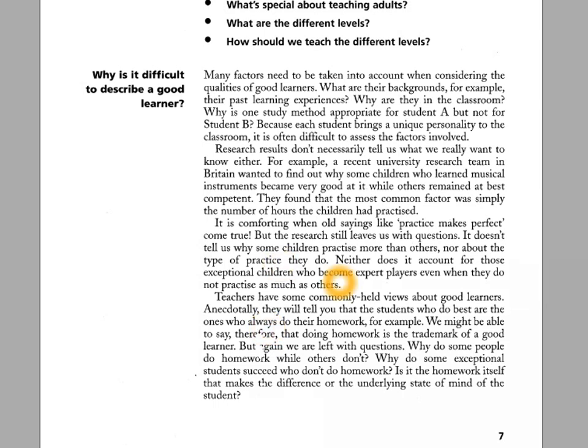And here teachers have some commonly held views about good learners, like what they will tell you: the students who do best are the ones who always do their homework. For example, let's say that I'm teaching a course for secondary or preparatory school, for those between 12 and 14 years old, and I give them homework or quizzes from time to time, and they do it very well.